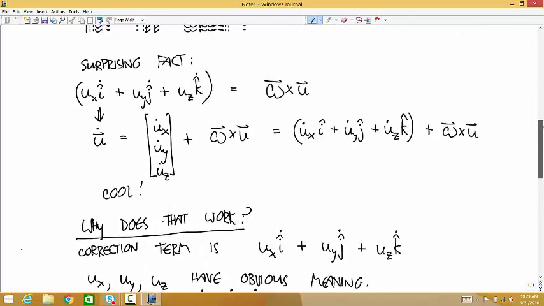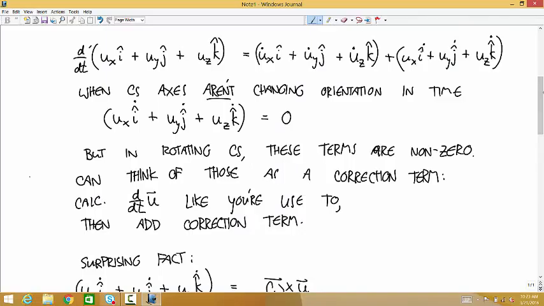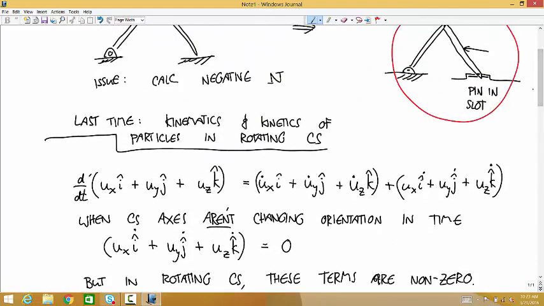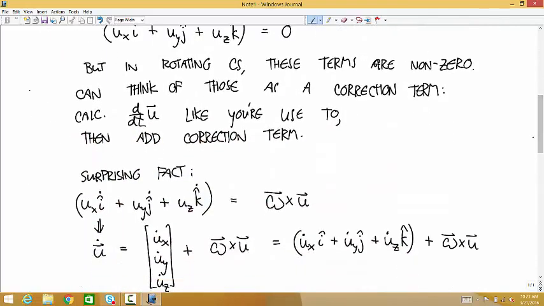And you know what? Let me change some notation here. Sorry about this, but instead of thinking of that as little lowercase omega, the way that we've been thinking of the omega of a rigid body, now we're talking about rotations of a coordinate system.